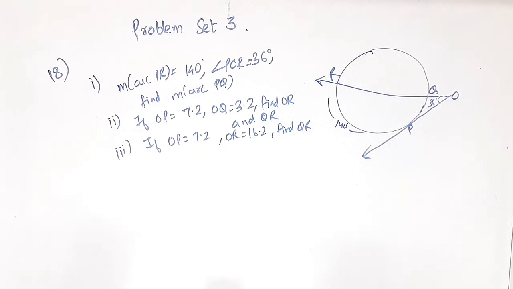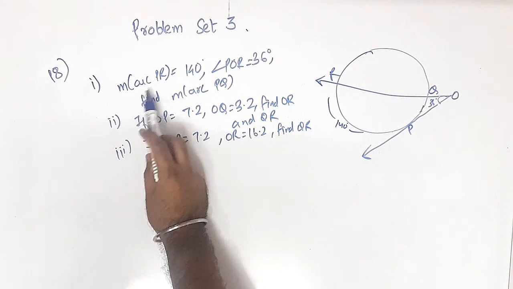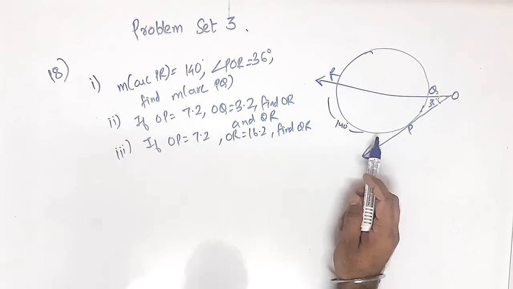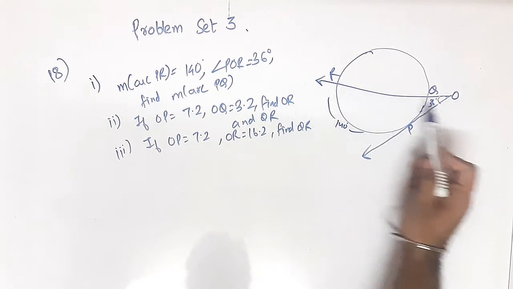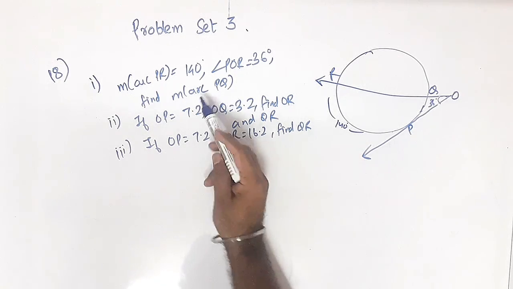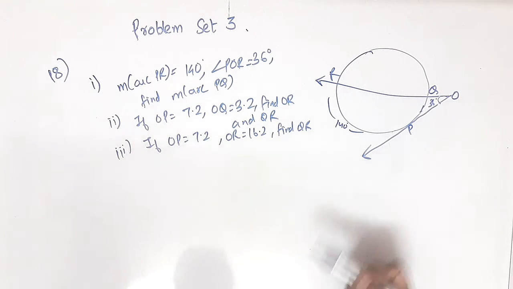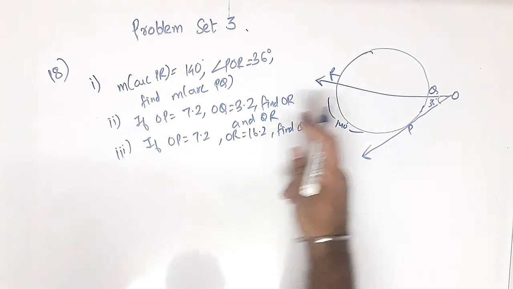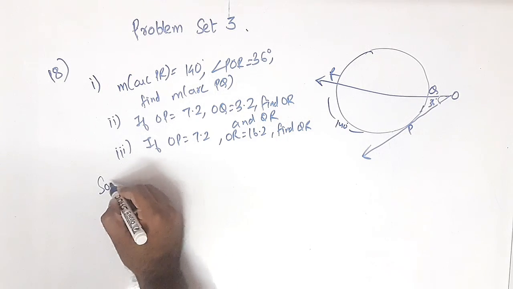Coming to sum number 18, we are given that arc PR is 140 degrees and angle POR is 36 degrees. So I have written it here, and we have to find measure arc PQ. Okay, this is measure arc PQ. So it is very easy, as you know that the angle is forming outside the circle.